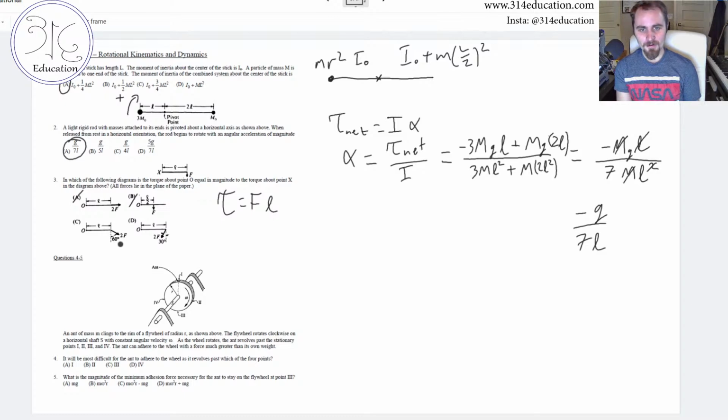And so this is then going to come down to a sine. And so for C and D, we have twice the force, so we have a torque of magnitude 2F times L, but then each of them are times a sine term. We have sine of 30 and sine of 60. And so we want the sine of whichever gives us a factor of 1/2.